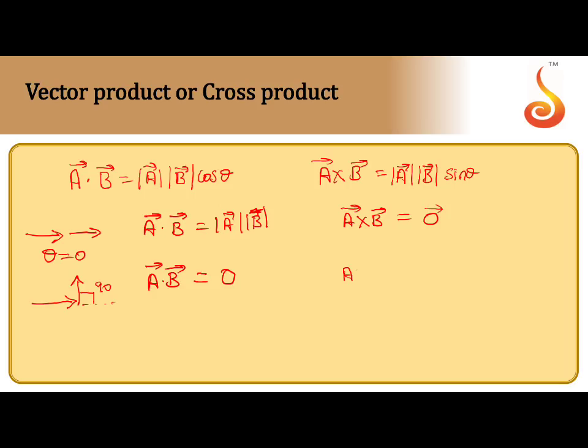Whereas your cross product A cross B will be equal to mod of A mod of B into sine 90, which is 1, into n cap. So at 90 degrees, cross product will be maximum. At 0 degrees, dot product will be maximum. So depending on the angle, you need to keep substituting for theta.